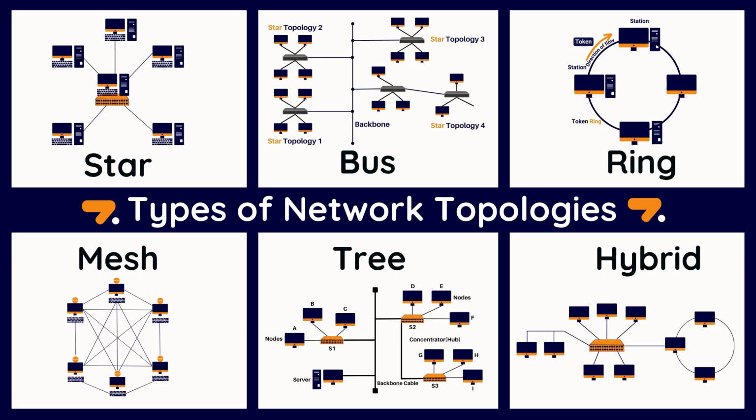The tree is easy to expand with additional branches without disturbing the network, while in mesh, scalability can become complex with many nodes. For performance, the best topologies are mesh and star. Mesh offers high bandwidth and remains suitable for critical applications. Star topologies provide good performance for most networks, but rely on the central hub.